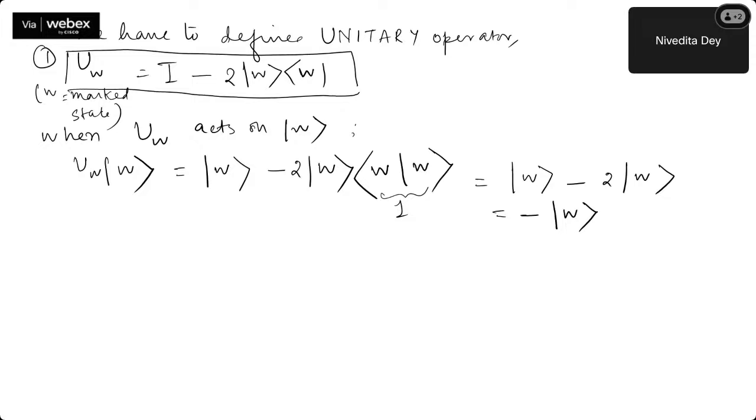And if it is applied on any other states other than the mark state, then it should make no inversion. The operator should have no effect on it. Based on that, we have applied it. Do not confuse it now with the quantum circuit form of it or anything like that. We'll see everything. Just be a little patient for Grover. It's a very big algorithm. It's going to take some time.